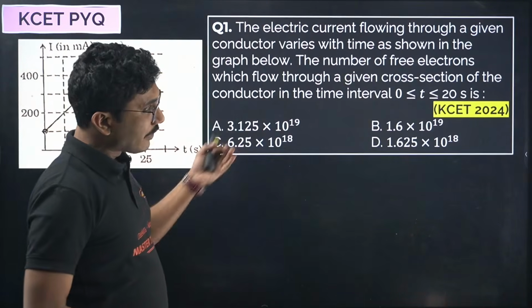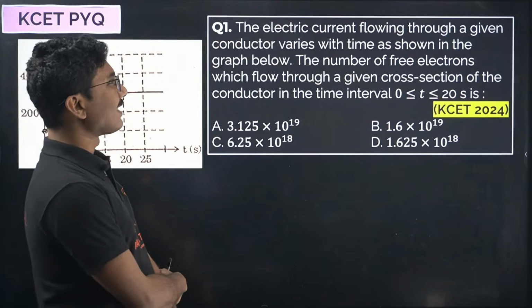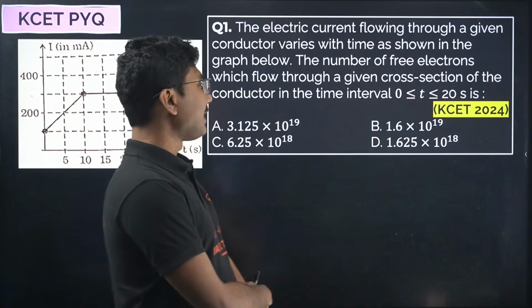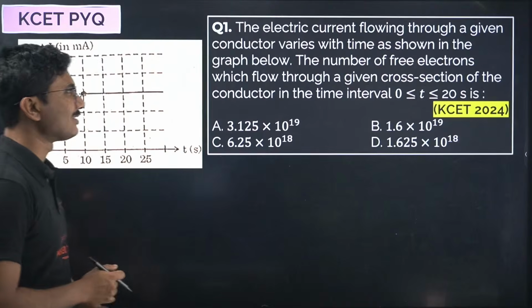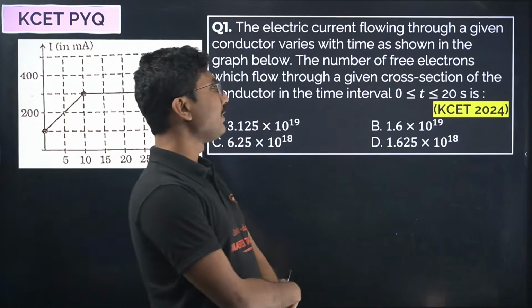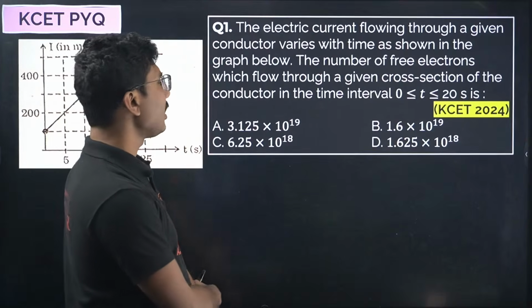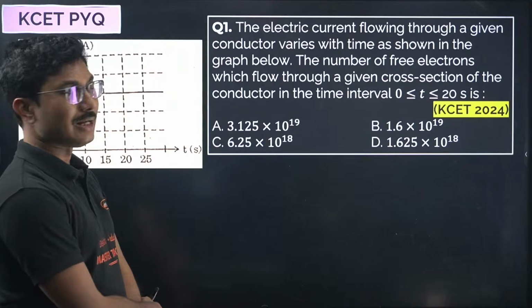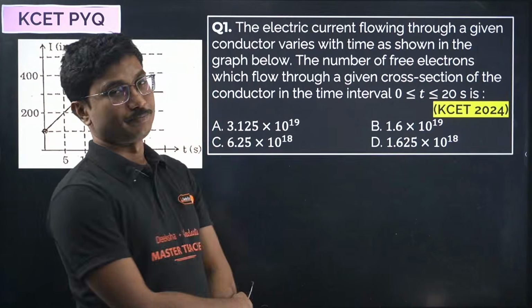This is a KCET PYQ from the year 2024. The electric current flowing through a given conductor varies with time as shown in the graph below. It is not below, it is on the left hand side. The number of free electrons which flow through a given cross section of the conductor in the time interval 0 less than or equal to t less than or equal to 20 is.